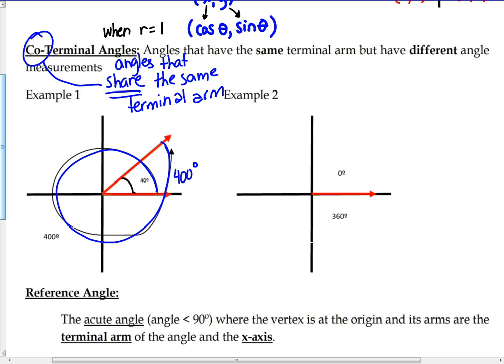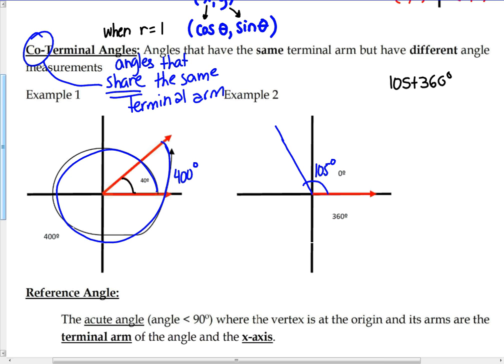So for example, what if I had a rotation angle of 105? Can you give me a coterminal angle to 105 degrees? What could I do to get a coterminal angle? Just add 360.